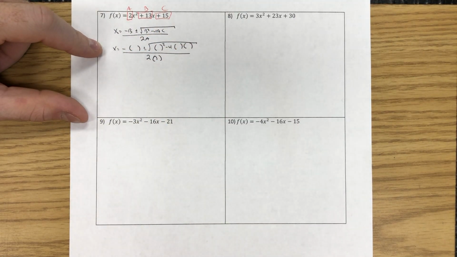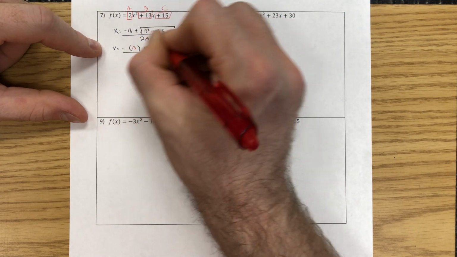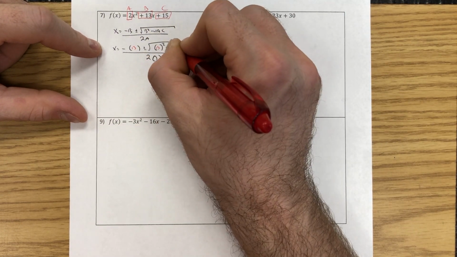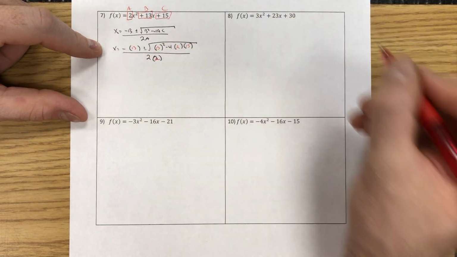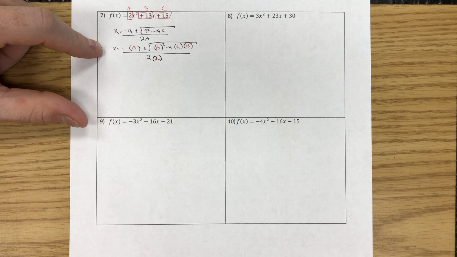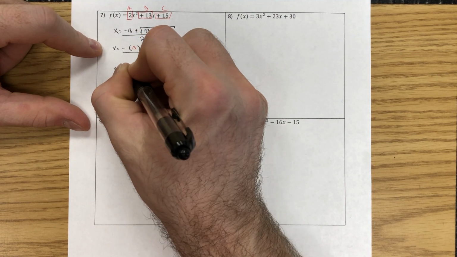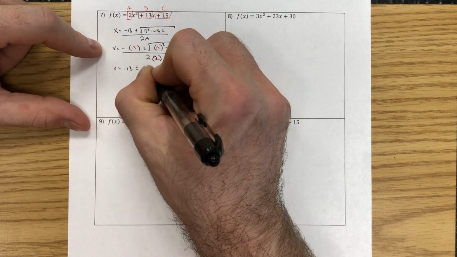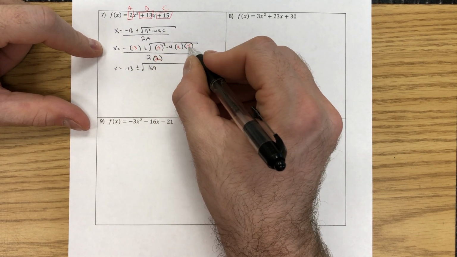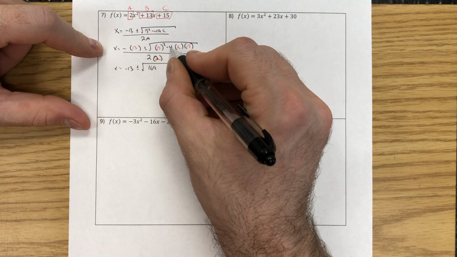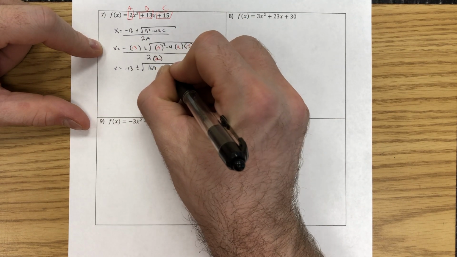There we go. 13 is 4 times a times c all over 2a. So I get negative 13 plus or minus 169. Let's see. That's going to give me, well, 2 times 15 is 30. Times 4 is 120.